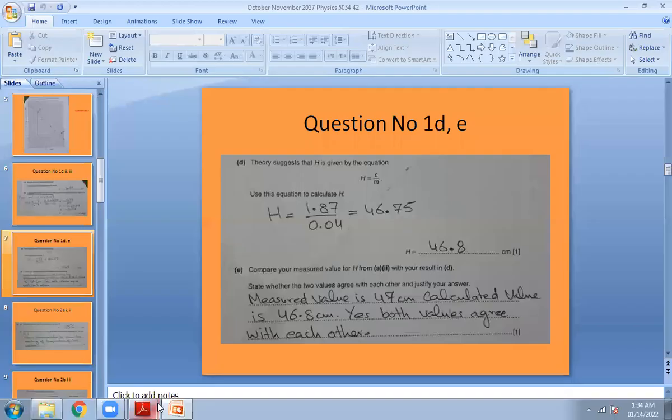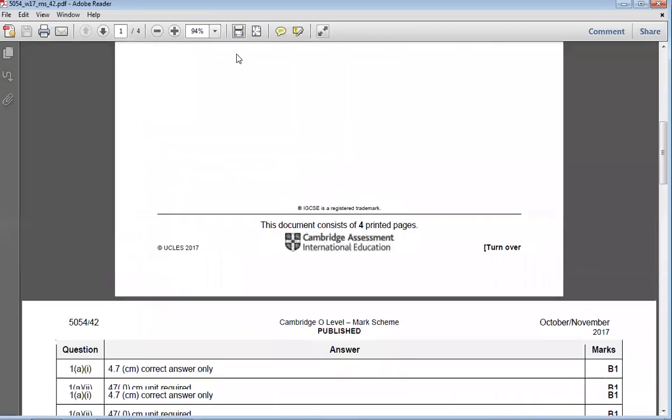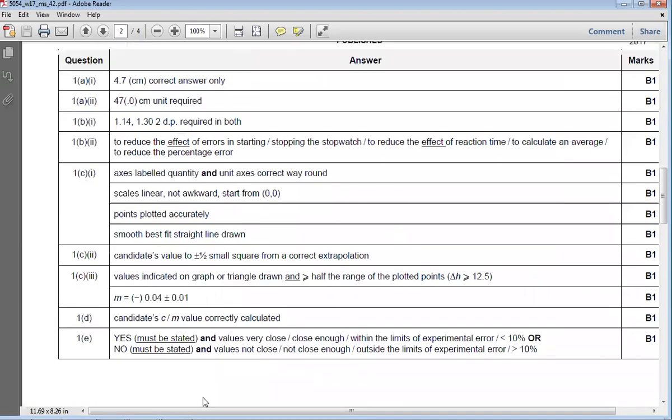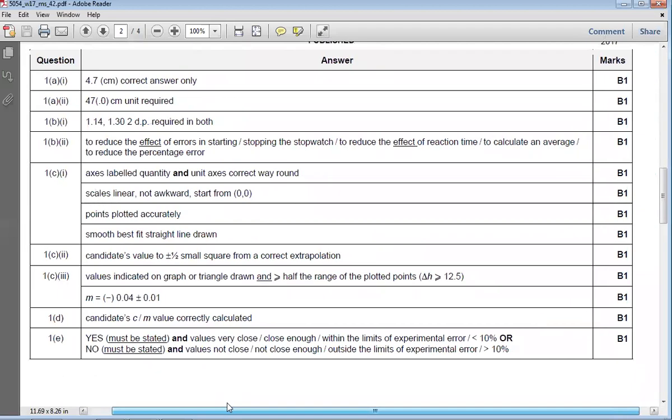So let me show you the marking scheme of this question number 1. And here we go. Question number 1, the marking scheme is showing up on your screen. You can do one good thing, that you can pause the video, take your time, read this marking scheme carefully, read the marking scheme for each question, each number, that what you have to write.